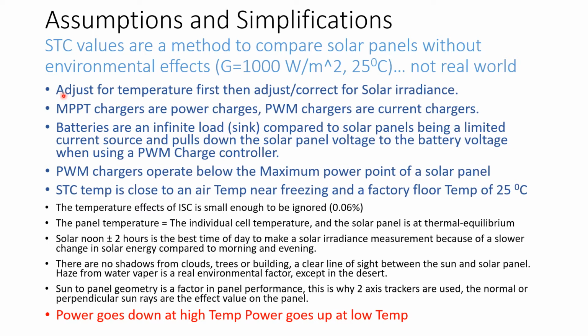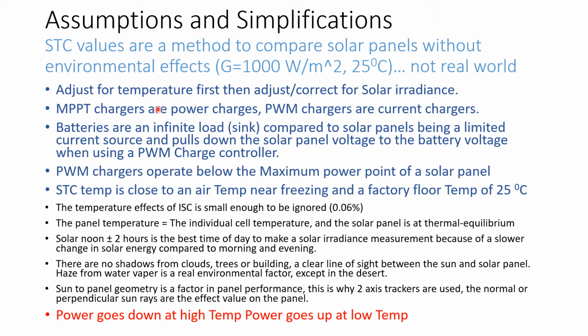The method you always use to calculate the real output of the solar panel is you adjust for the temperature first, then you adjust or correct for the solar irradiance. MPPT charge controllers are power chargers. PWM charge controllers are current chargers.